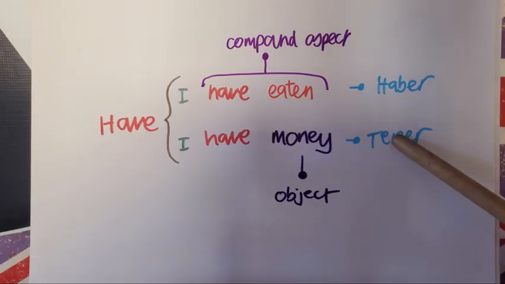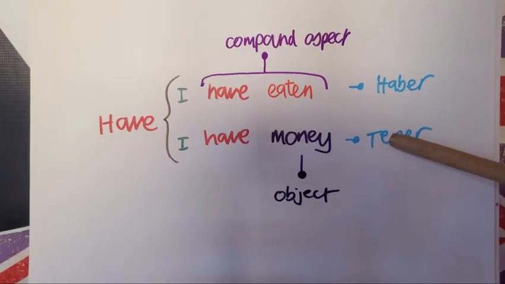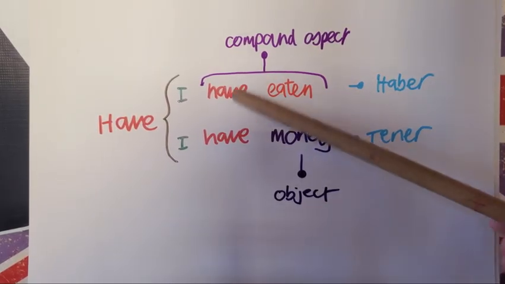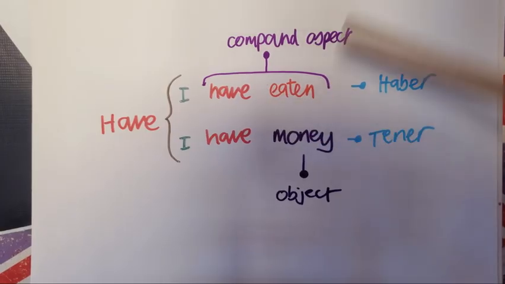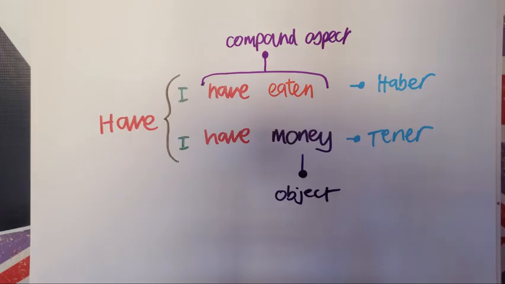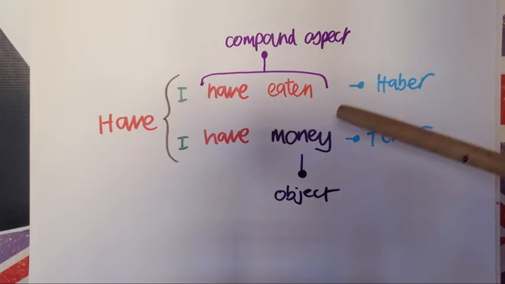And we use tener. So tener we use when we have an object, and haber we use when we're forming a continuous tense. Remember, I had eaten, I have eaten. Have eaten is the present perfect, and had eaten is the past perfect. So they're very different here.